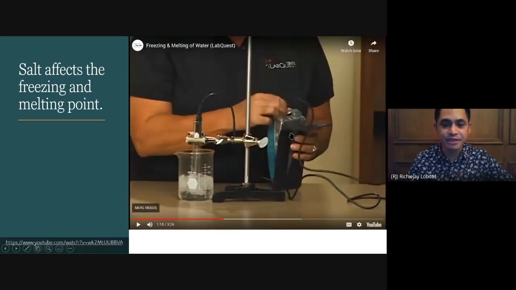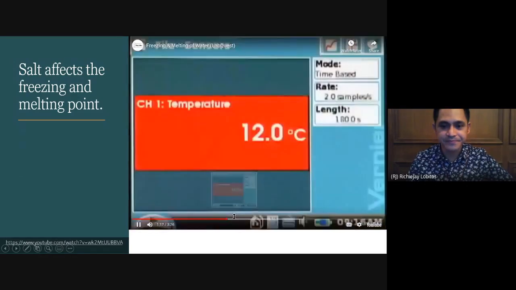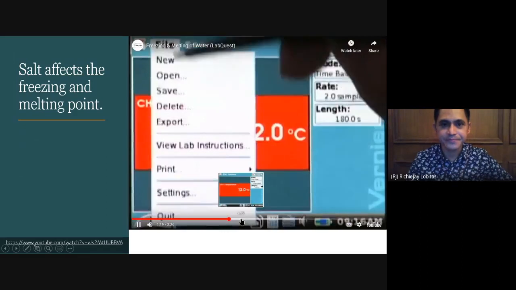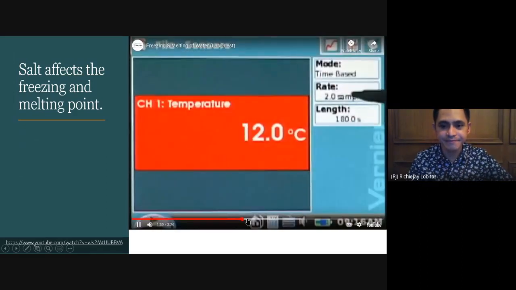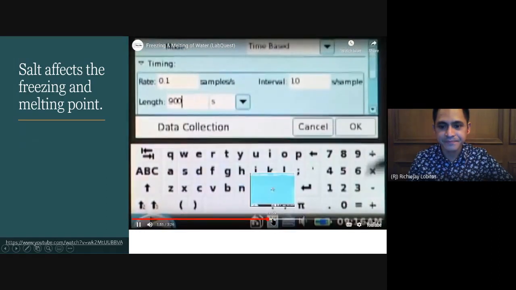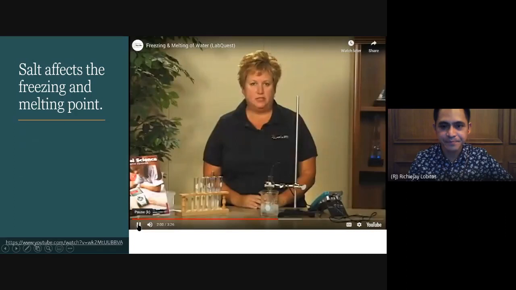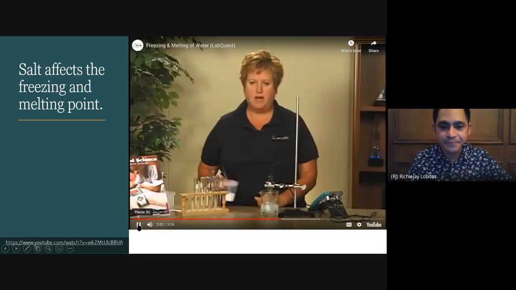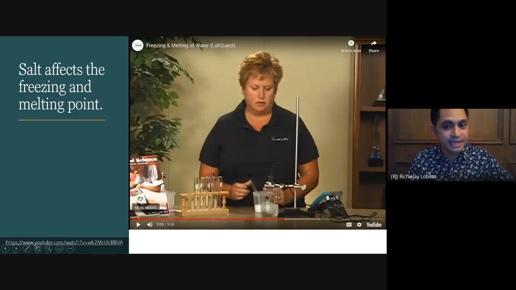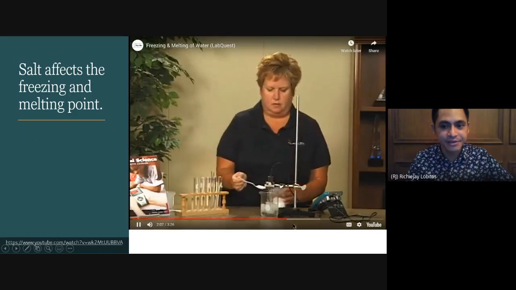That is actually a digital temperature sensor. So that's reading. Now notice that Aisha is now adding salt onto the water bath.